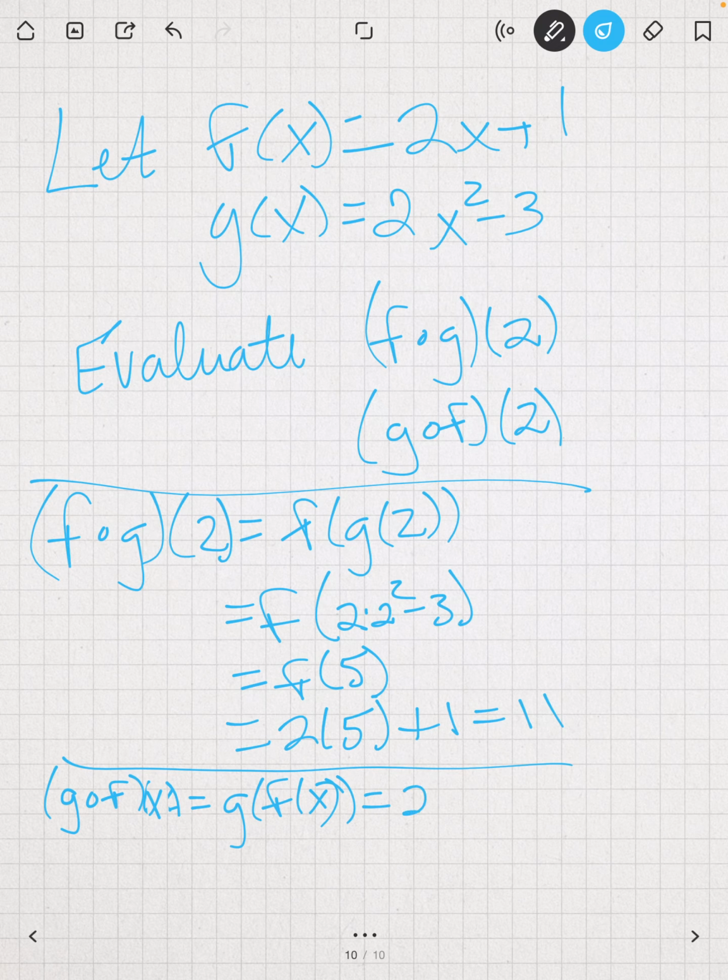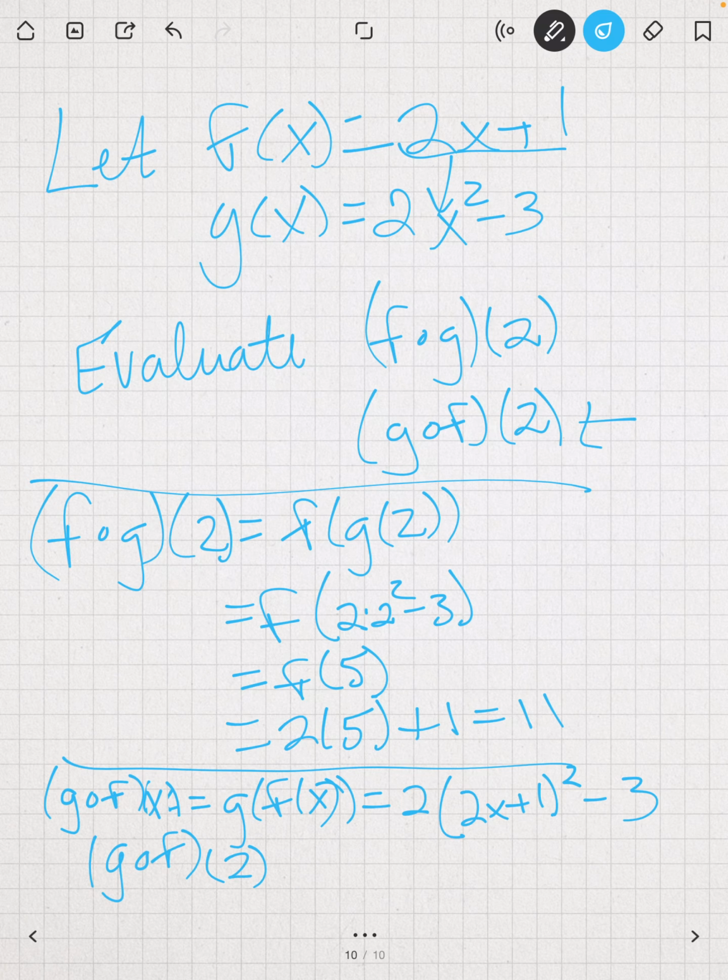So now we have 2 times, and substitute this in for the x, 2x plus 1 squared minus 3. So g composed f of 2? Oh, it's right there.